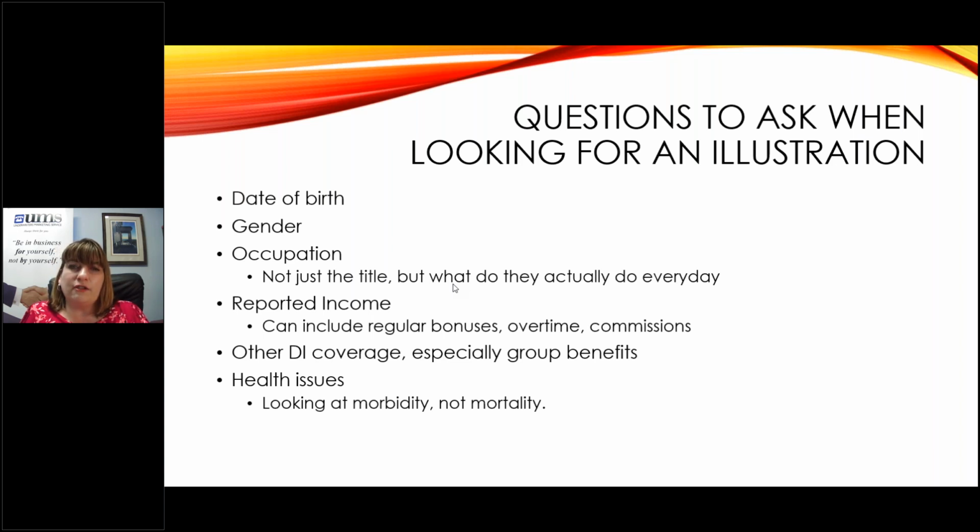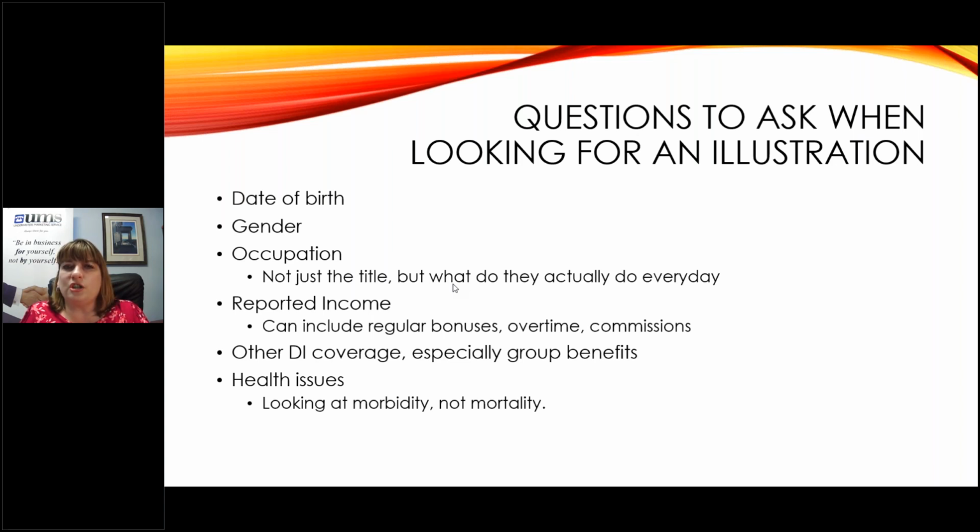What other coverage do they have, especially group benefits? You can have more than one disability policy. We integrate them and layer them. Health issues. In disability, like long-term care, we are looking at morbidity, not mortality. The underwriter is not necessarily worried about something that is going to kill them.